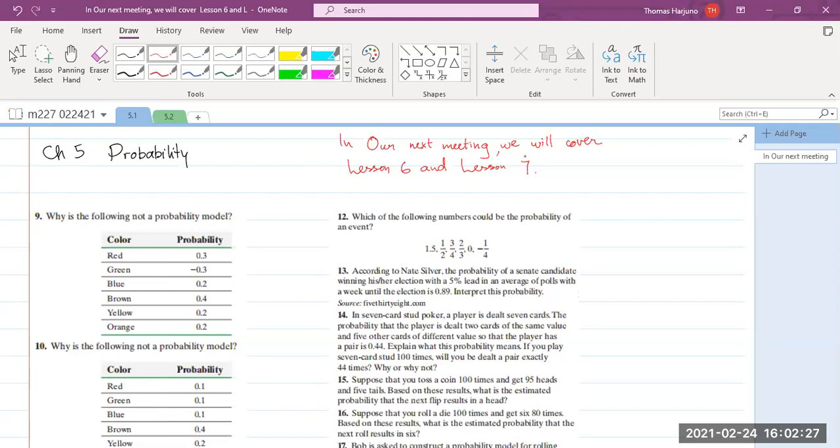Okay, now, in this chapter 5, section 5.1, we will learn some basic fundamentals about probability. In this, we will learn the notation, what are probability numbers or what are not probability numbers. Like for example, number 9. This is from your textbook, the 5.1.